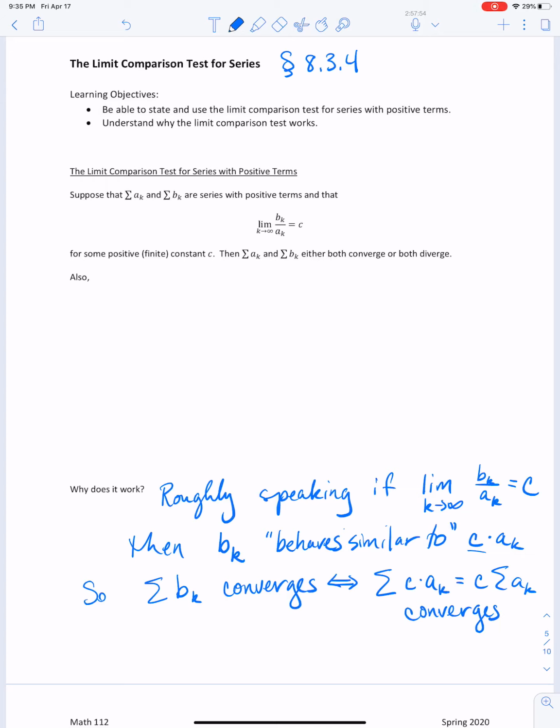Right? And similarly, it's the same statement, but I'm going to write it out here anyways, just to be really complete. The sum of the b_k's diverges if and only if c times the sum of the a_k's, it's just one constant c, so there is no c_k, diverges.